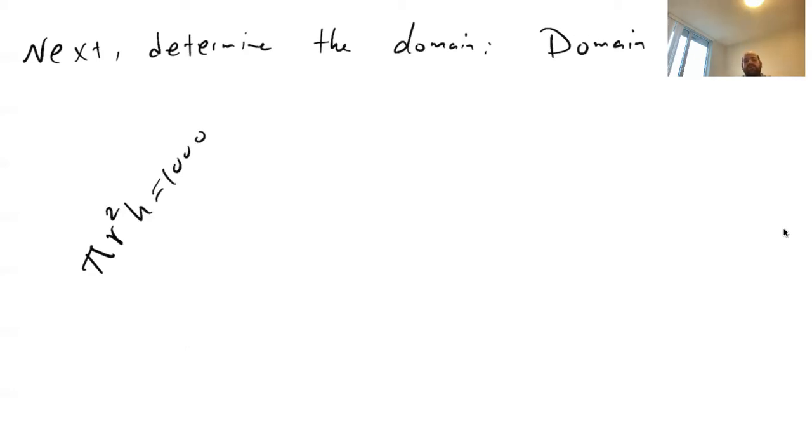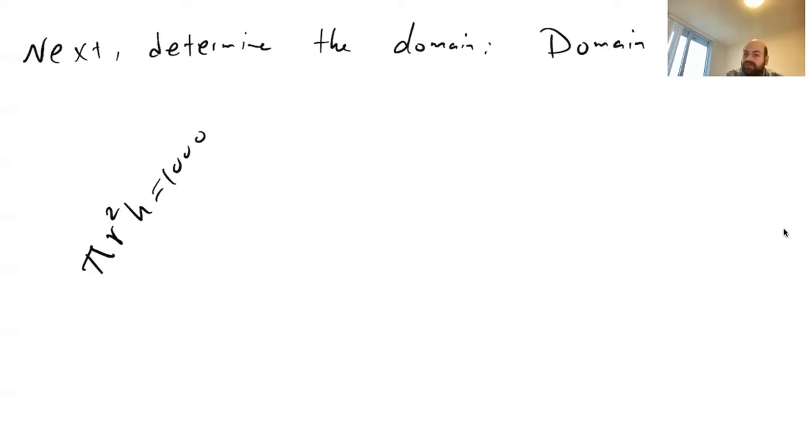Now, let's say r is, for example, 0.1. Still, if I choose h big enough, I can still have pi r squared h equals 1000. You can easily solve for h. Let's say pi times 0.1 squared times h equals 1000, and find h. Or if r is 0.01, still if I choose h big enough, I can still have this.